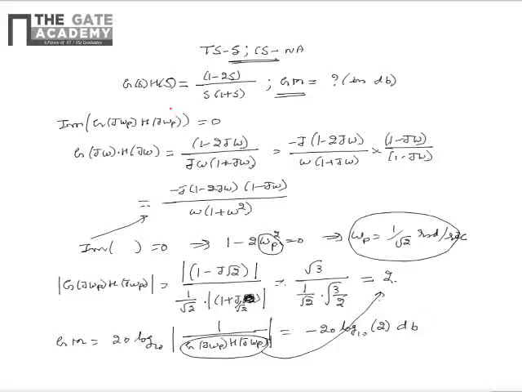So from this we see that for the given control system the gain margin can be obtained based on the phase crossover frequency as minus 20 log 2 to the base 10 dB. Hence the correct option representing the gain margin of the given control system is B.